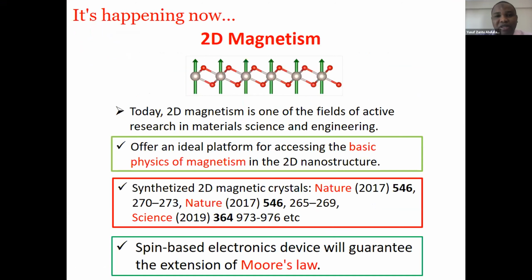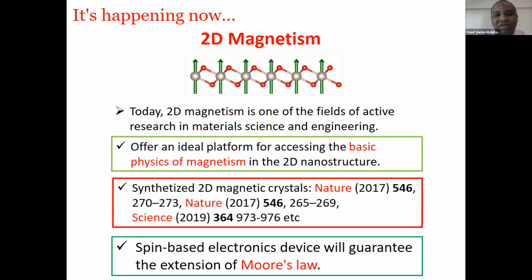As we are all aware, with the recent advancement in quantum technologies, magnetic nanostructures, and in particular 2D magnetic materials, are currently among the topics of high interest, both for basic and applied research, because of their richness in physics and the fact that their properties are completely different from the bulk materials.